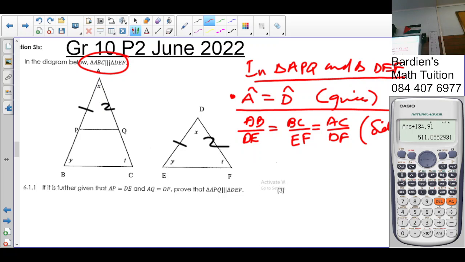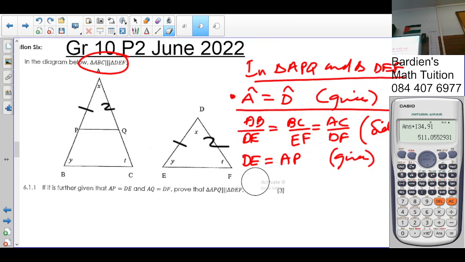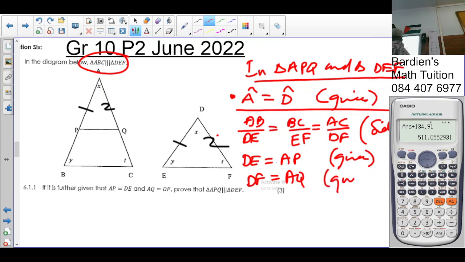So we know that DE is equal to AP, no? It was given. Then DF, which is this one here, is equal to AQ. That was given. Okay.